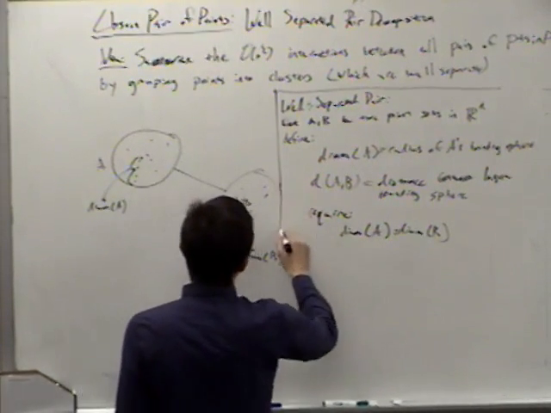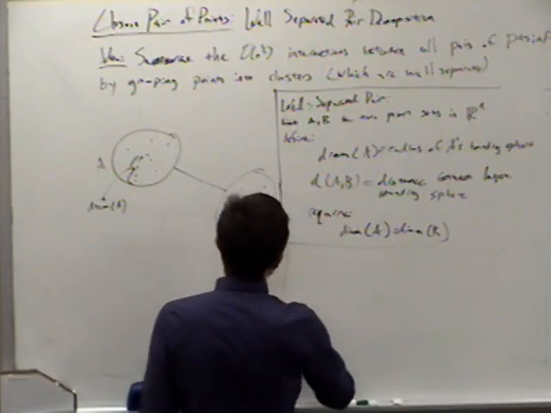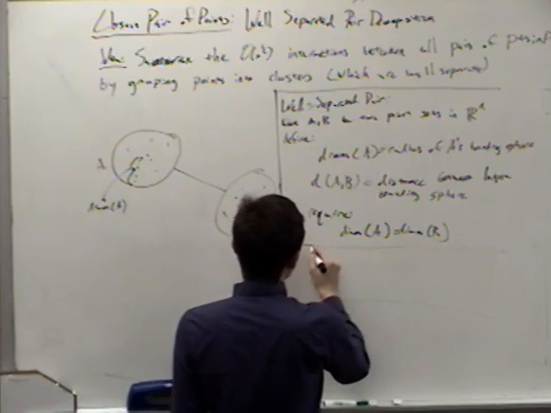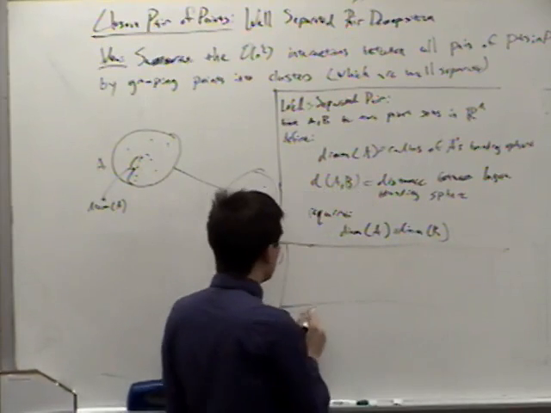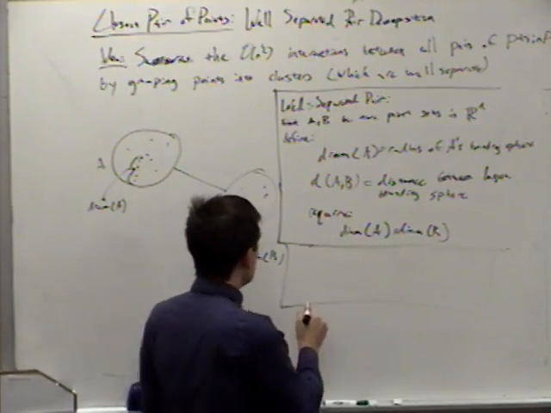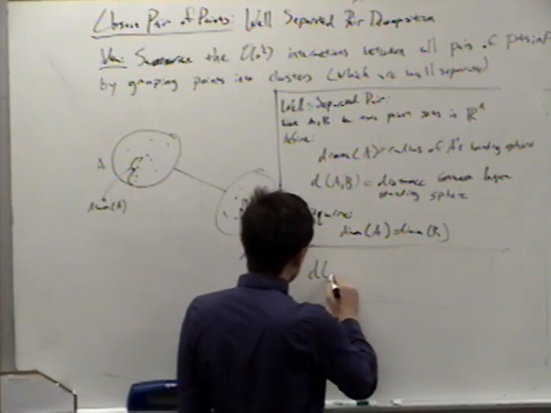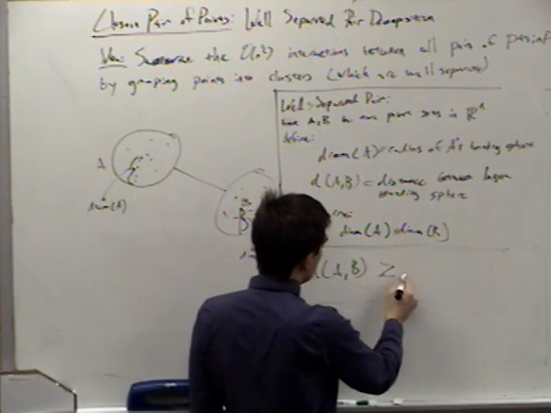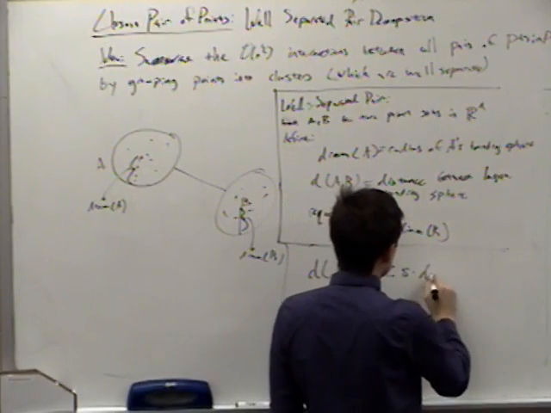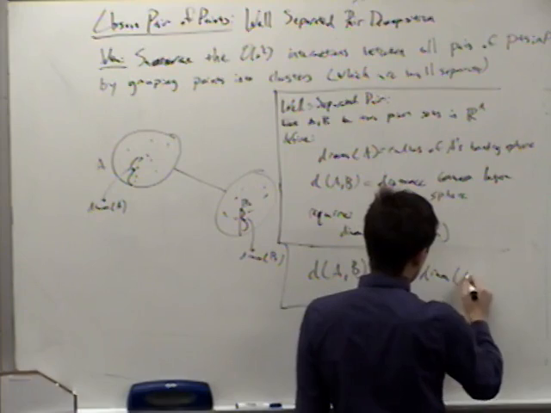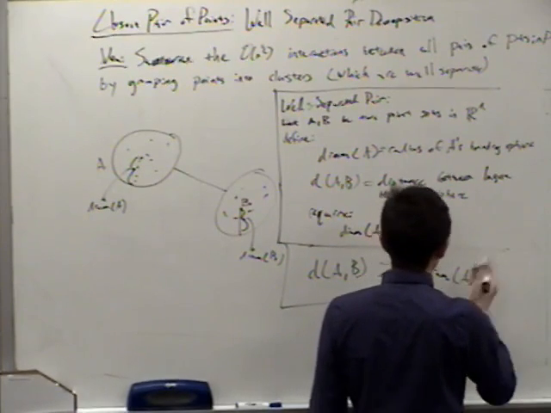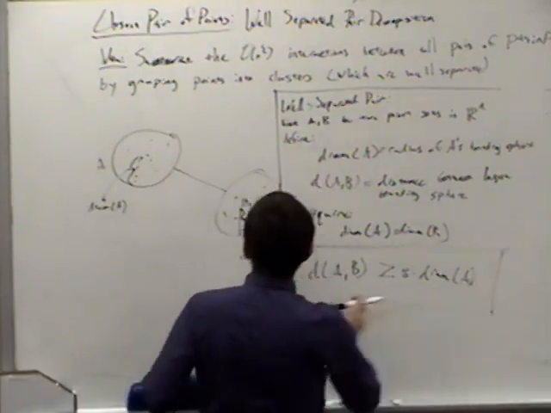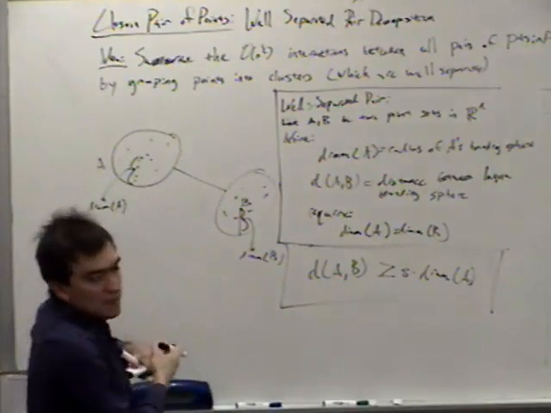So now here's the punchline, right? They're well separated if and only if the following is true, which is that the distance between them is greater than or equal to S times this diameter of A, or diameter of B. The concept is that if these spheres were very large, then they would have to be very, very far apart.